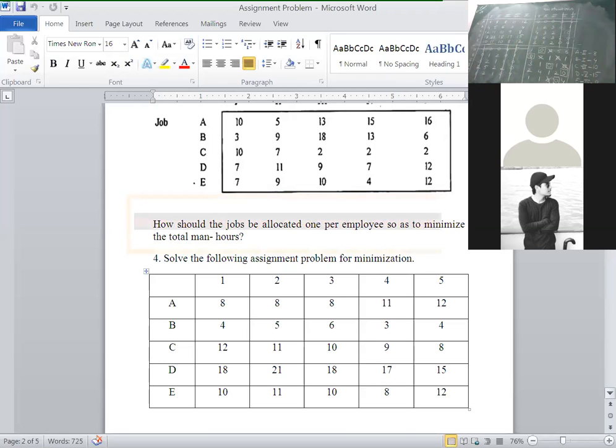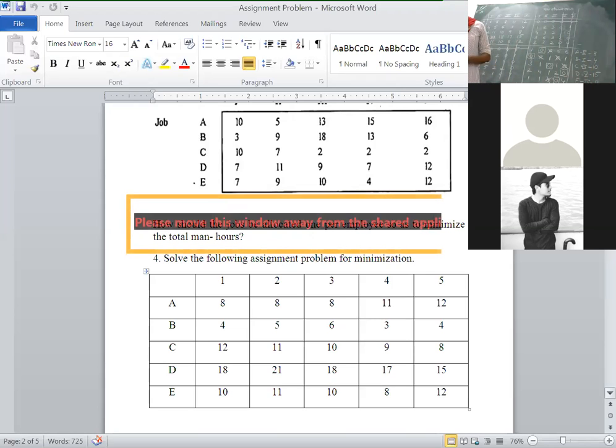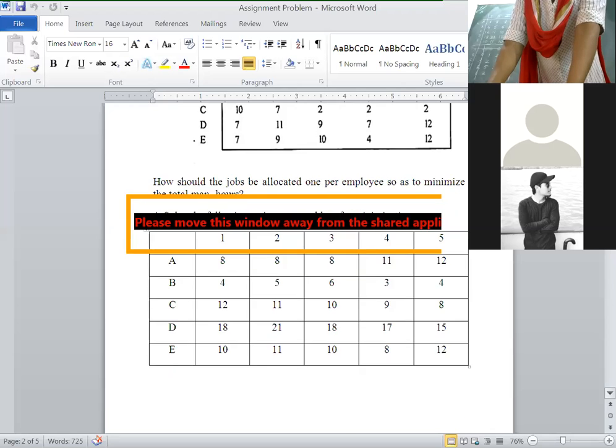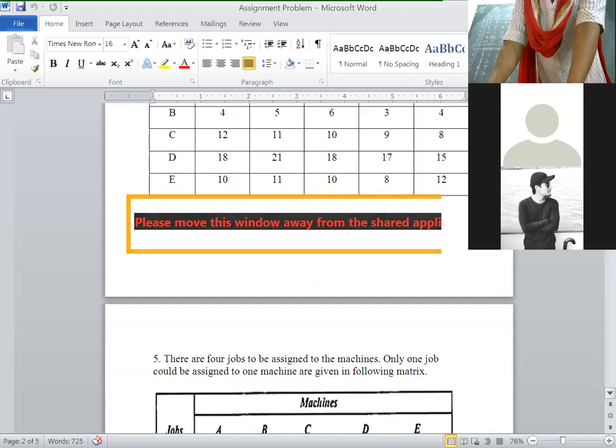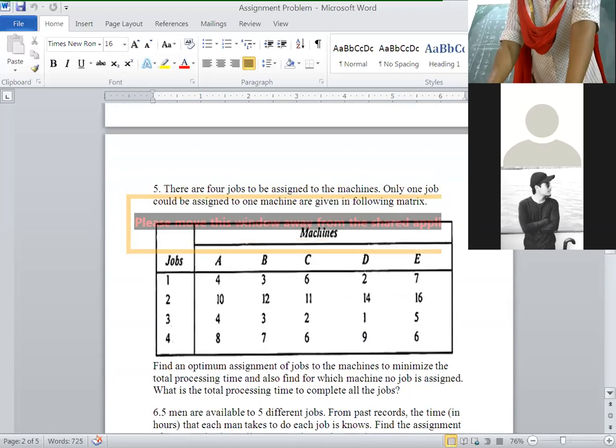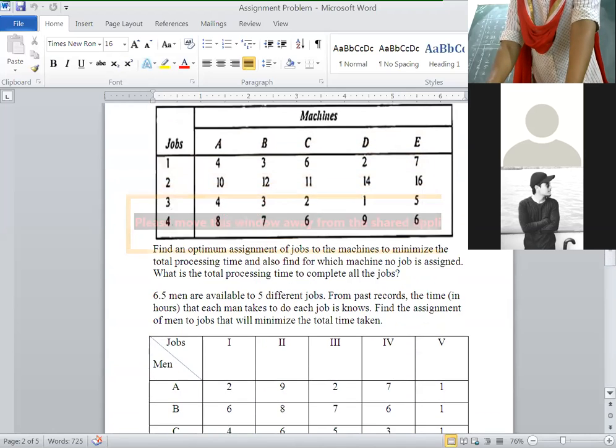Okay, next. Today we are having only 4 minutes of time remaining. That's why I will explain the procedure of the maximization problem. We will go to the seventh problem, just to go through the problem.